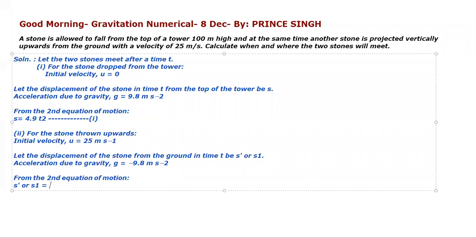This time, what will be the value of s dash or s1? ut plus half gt square, because it is coming down. But the value of g is against the gravity, so ut minus half gt square.